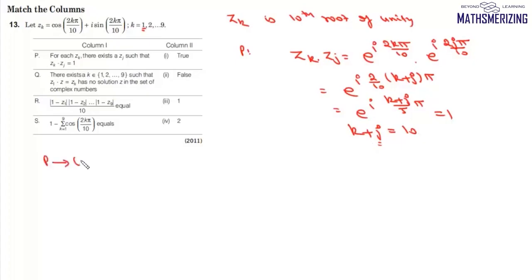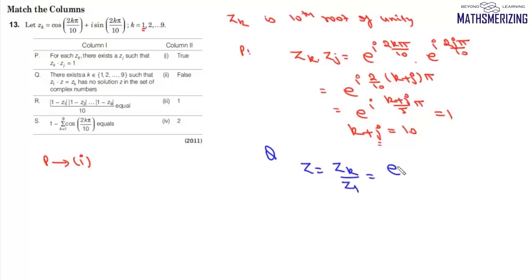So this P matches with 1. Now Q says there exists a k such that z1 into z is equal to zk has no solution z in the set of complex numbers. Now we can write this z as zk upon z1.